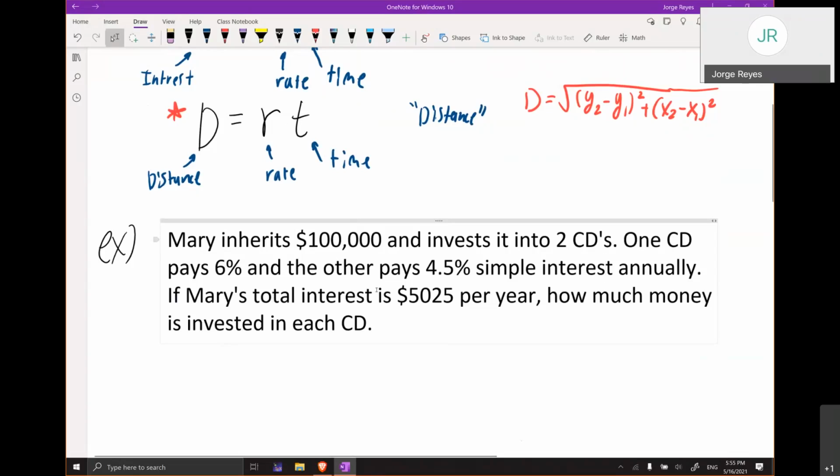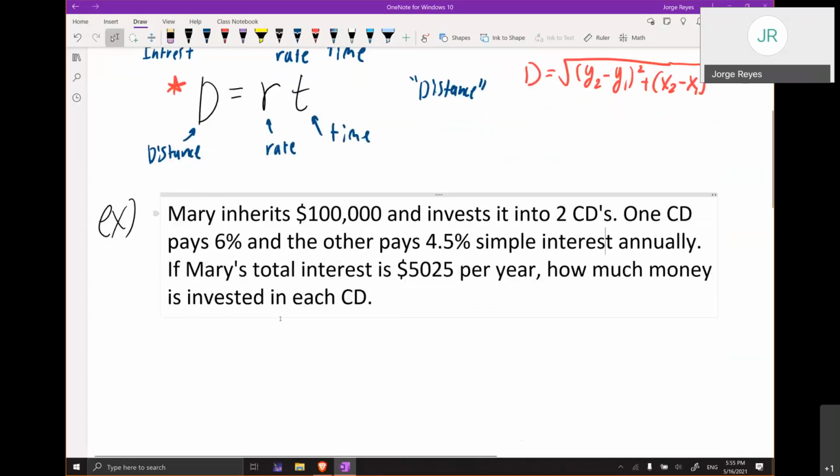So we kind of got to dissect this. Whenever you see a word problem, if there's a number involved, it's probably important. So just underline these. Two CDs, that's kind of important. But we see that she inherits this much money, and invests it.